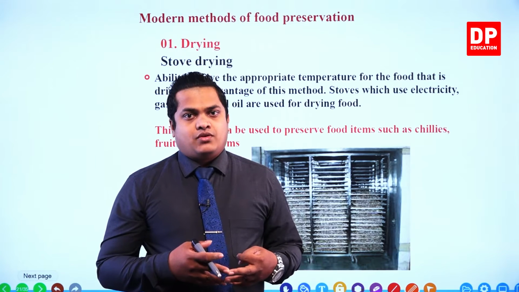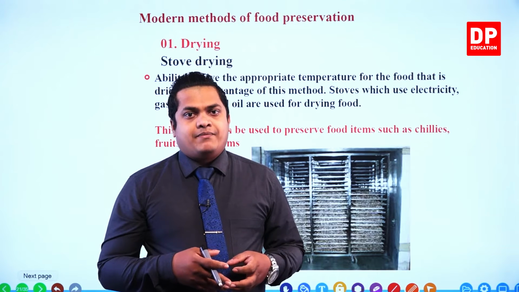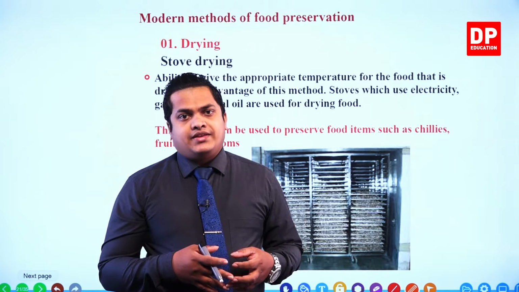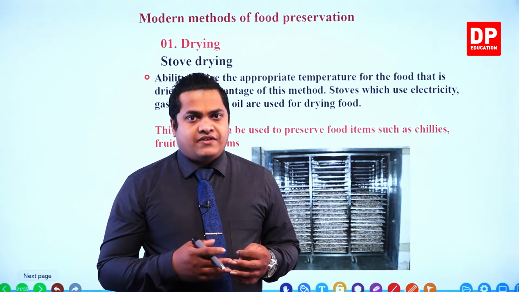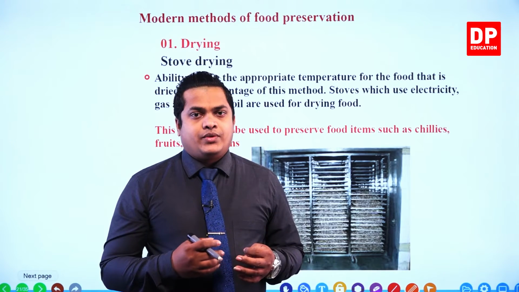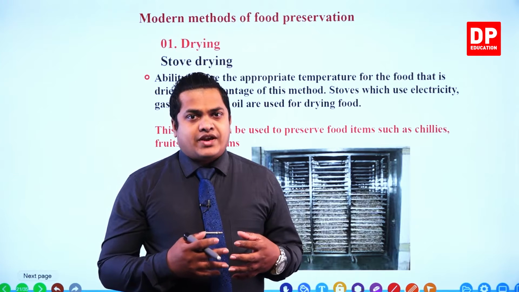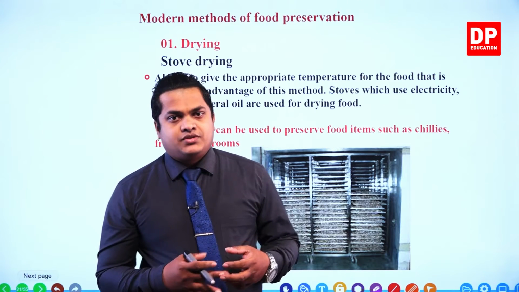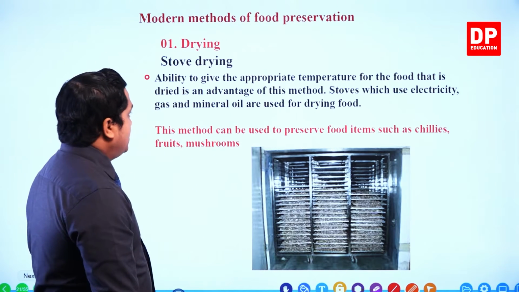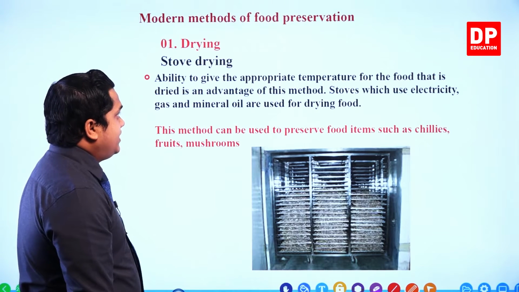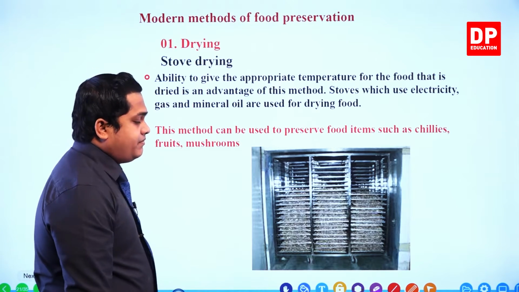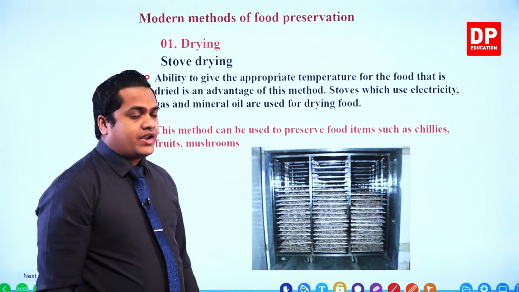By firing up a stove, we are going to dry the food item that we want. This is also an efficient method. So the second method under the drying process is stove drying.